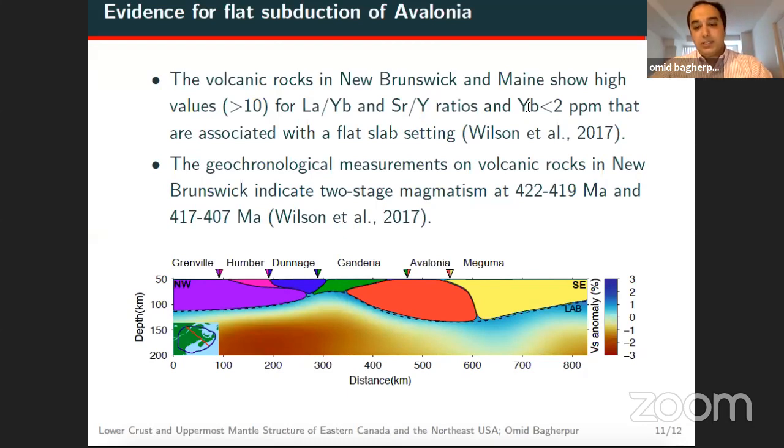Most importantly, we see a two-stage magmatism in flat slab settings, because when one slab subducts beneath another, we have limited magmatism due to the water content. The next phase of magmatism occurs when the slab breaks off. We see the same evidence in the age of the volcanic rocks. So my conclusion is that the thick lithosphere over here is associated with the flat slab setting.